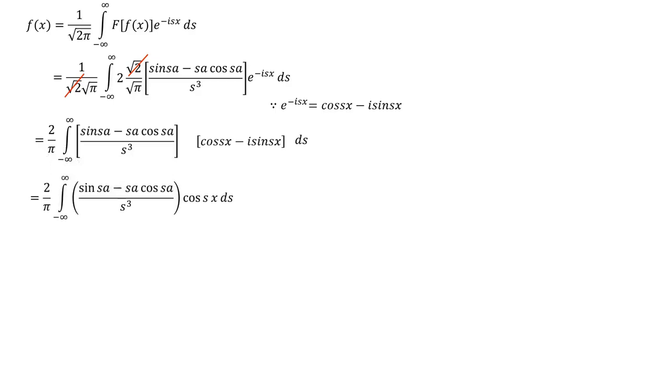The first term is 2 divided by pi integral over minus infinity to plus infinity of the bracket term as it is into cos sx ds, minus 2 divided by pi into i integral over minus infinity to plus infinity of the bracket term as it is, into sin sx ds.